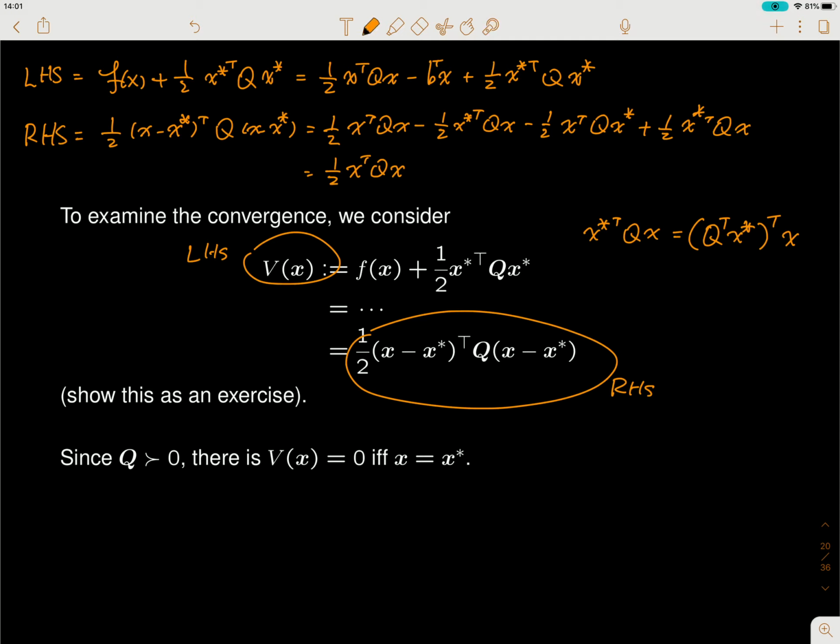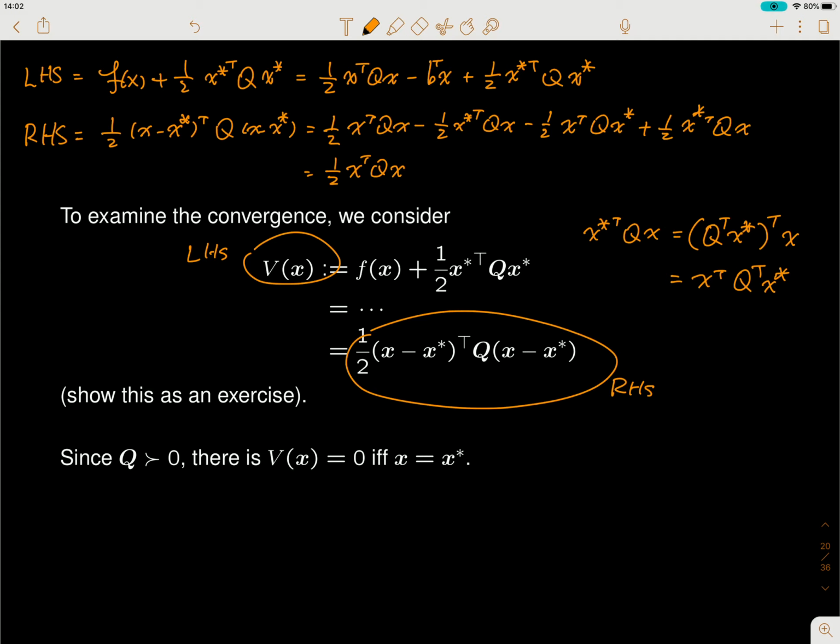Okay, and then this is equal to, say, now I have an inner product of two vectors. One vector, I just treat this as one vector, this as another column vector. This is just the inner product of two column vectors, so it's the same if I switch their order. So we'll just have x transpose Q transpose x star. Remember that Q is a symmetric positive definite matrix. We said it's positive definite, but as we said earlier, we always assume a positive definite matrix is symmetric in this class.